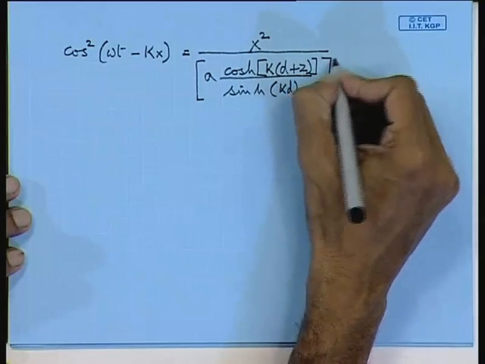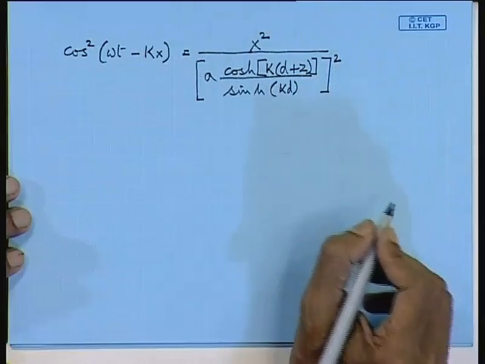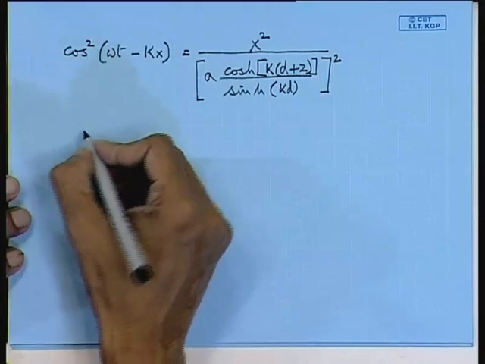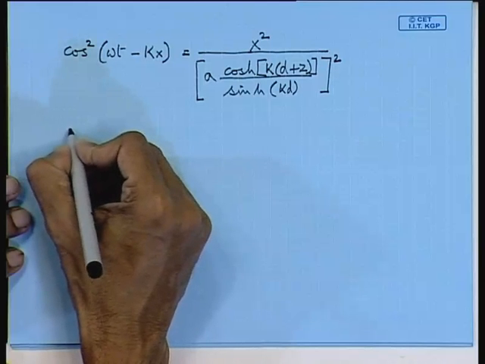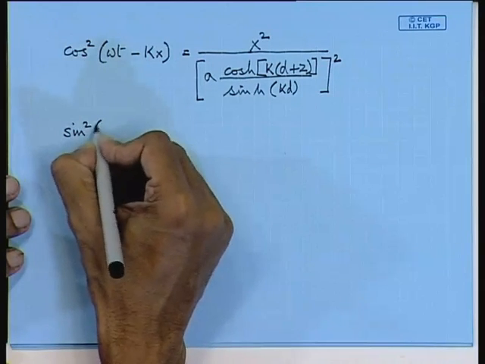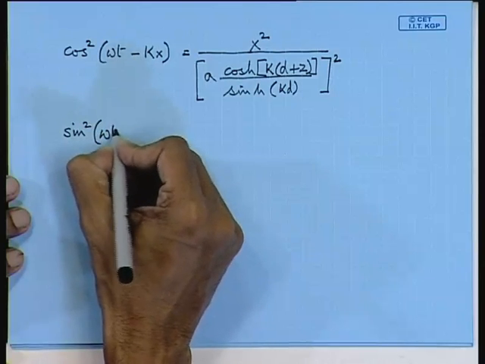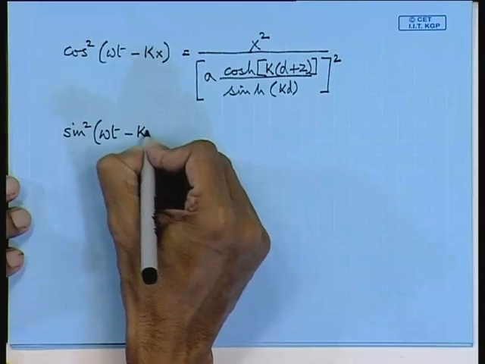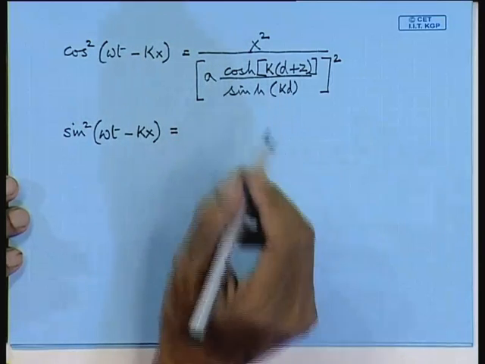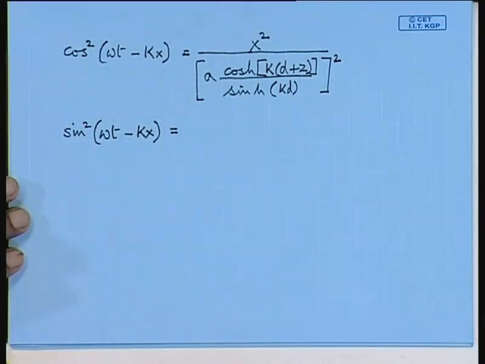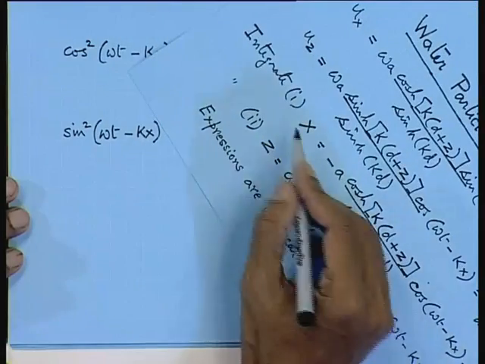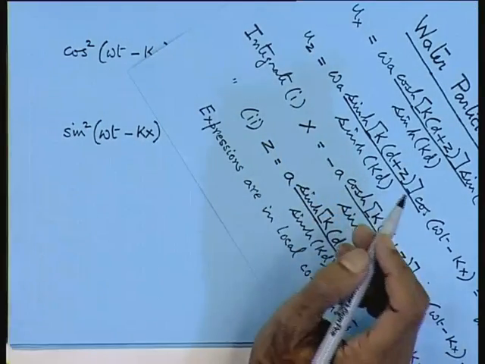Now, similarly, you find out the expression for sine square (omega t minus kx). If you do not integrate the 1 and 2 expressions, you will not get it, but if you integrate 3 and 4, you will get the path of the particle x and z.